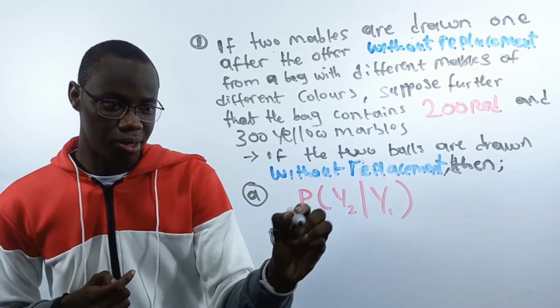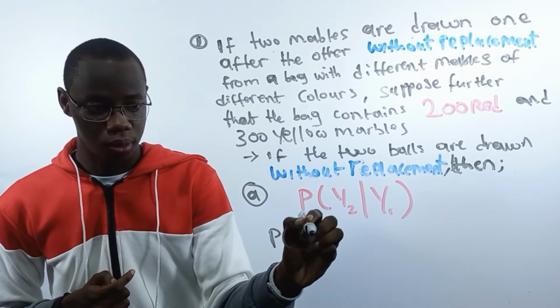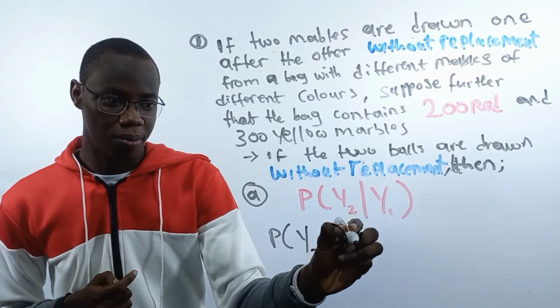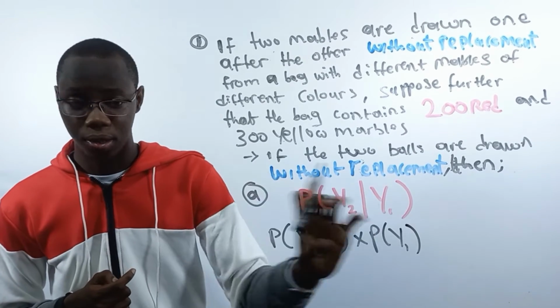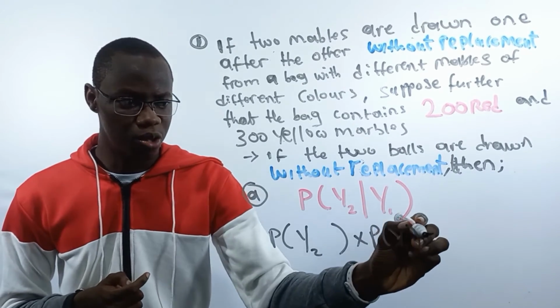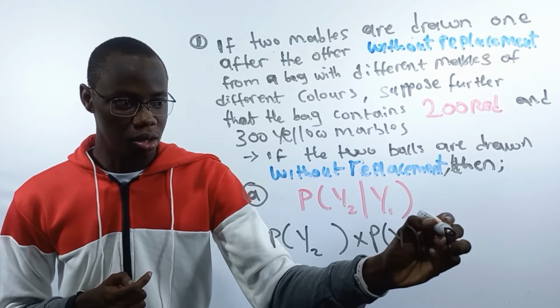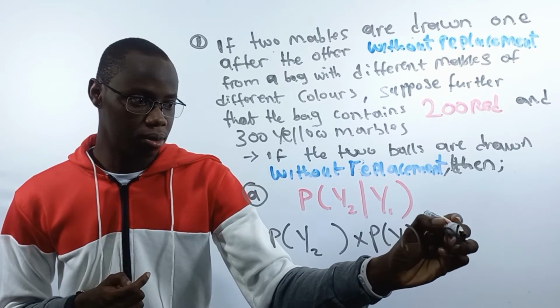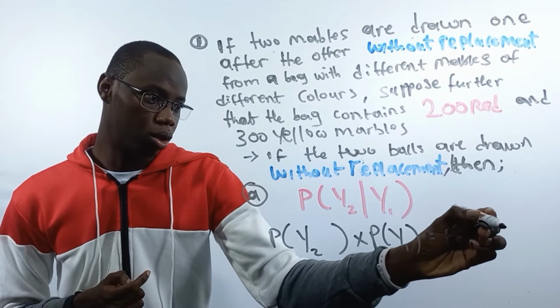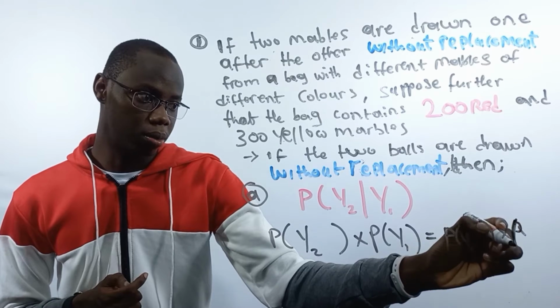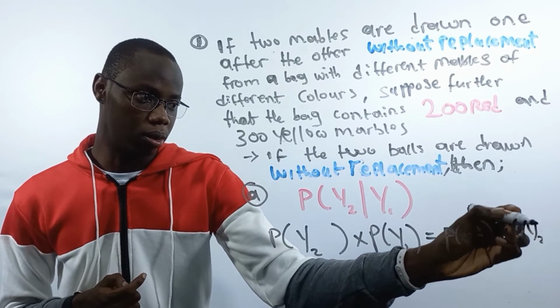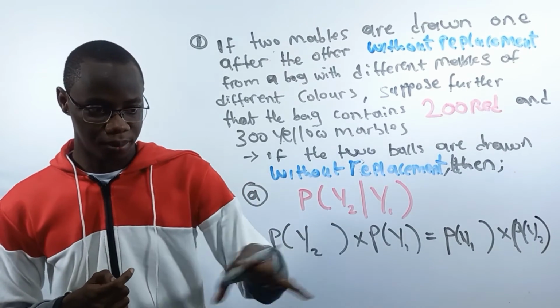So we're merging them, and this must be equal to the probability of getting yellow first multiplied by the probability of getting yellow second, like this, right?